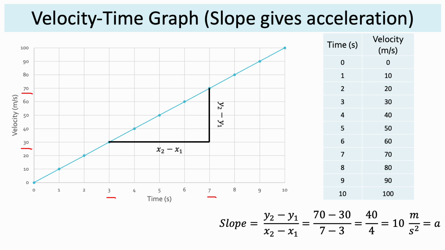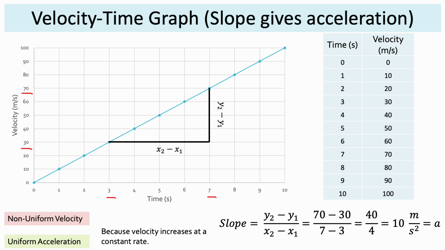So 40 divided by 4 gives 10 meters per second square, which is the acceleration. So this is uniform acceleration because velocity is increasing at a constant rate. The velocity, however, is non-uniform because velocity is not constant.